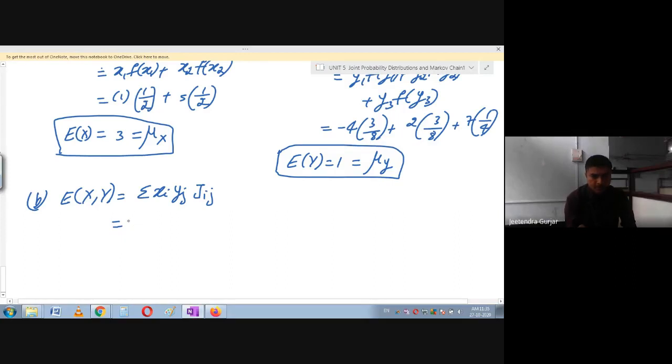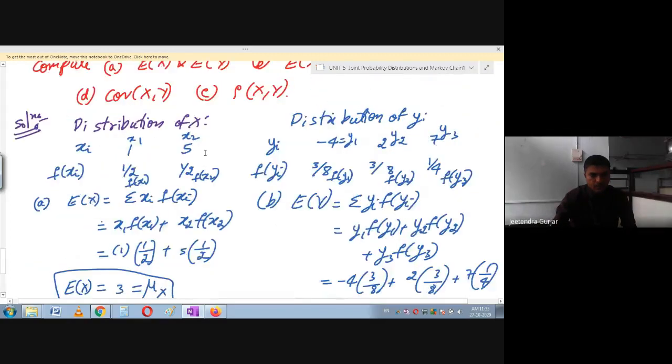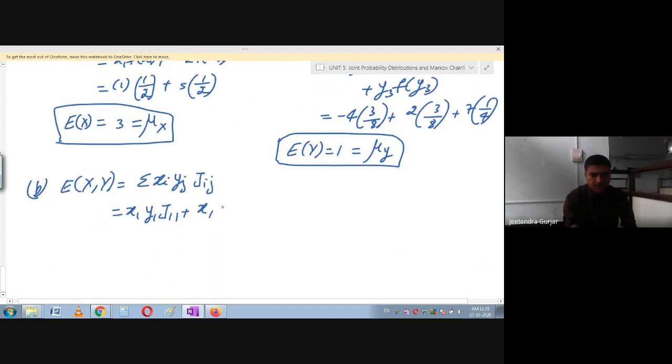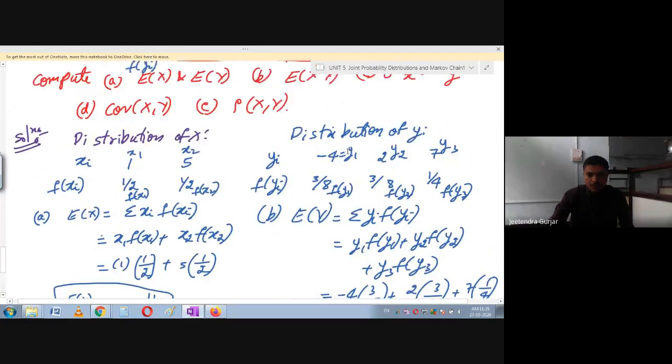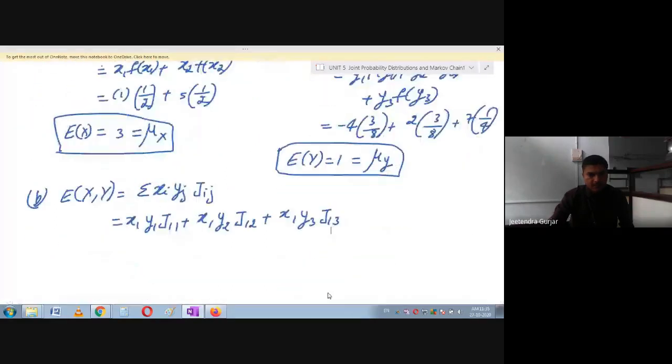When I take x1, y1, I take this as J11, plus x1 and y2, therefore J12, plus x1 y3, which gives J13. There are three values y1, y2, y3, therefore I have taken till here.